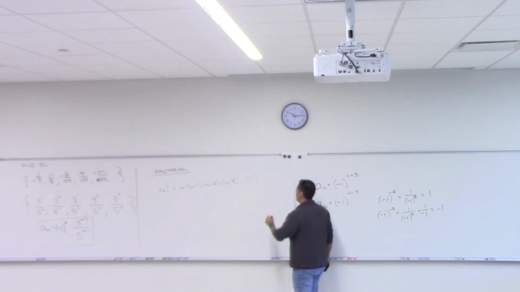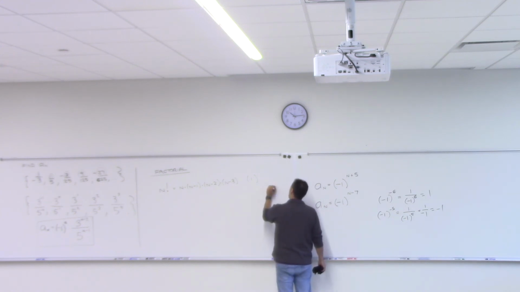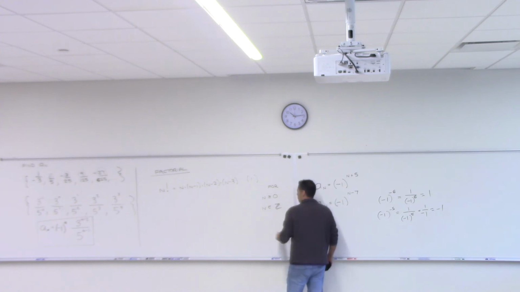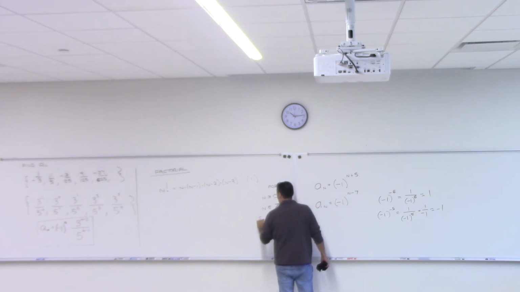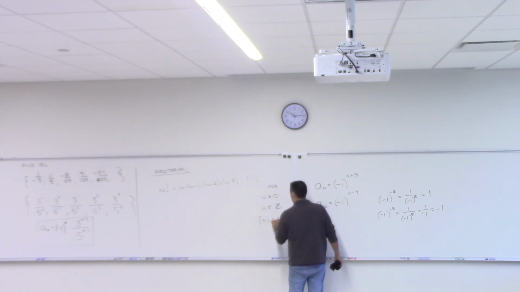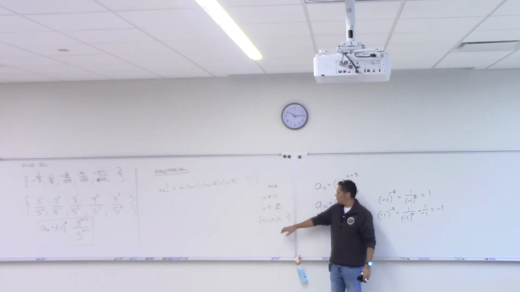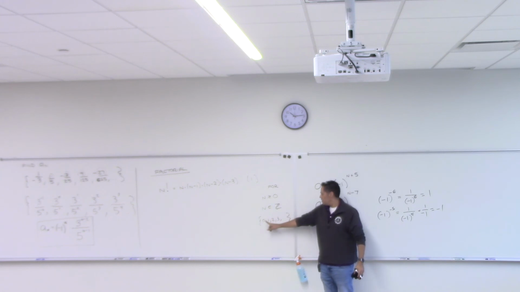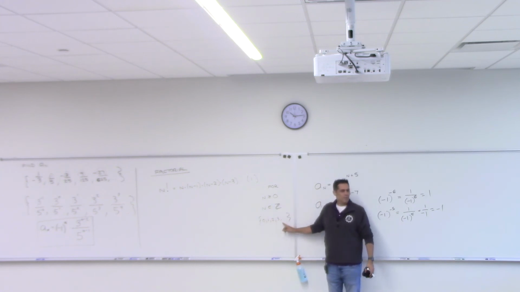And this is only defined for n greater than or equal to 0 and n an element of the integers. In other words, n here can only be 0, 1, 2, 3. Whenever we define the factorial in this class, we only define it for the numbers 0, 1, 2, 3, 4 forever.